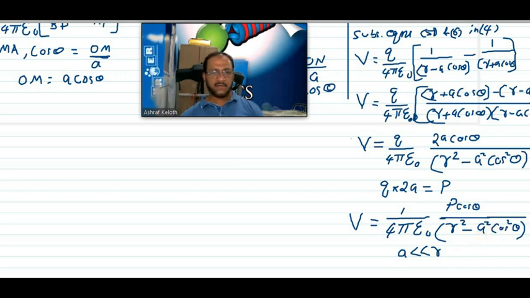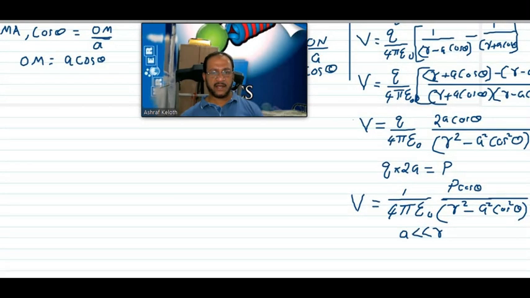So for an ideal dipole, a very less than r, the potential V will be equal to 1 by 4 pi epsilon naught, P cos theta by r square. That is neglected. A is very small, then a square will be still smaller. So P cos theta divided by r square, where r is the distance.